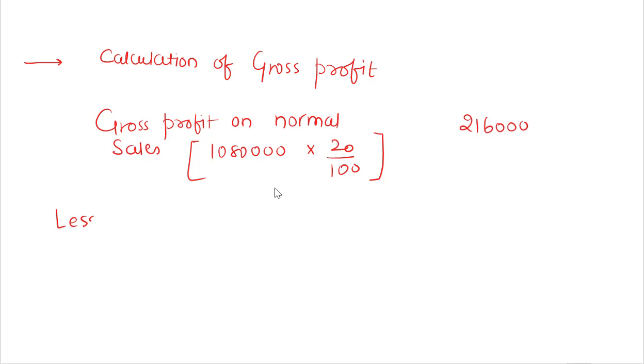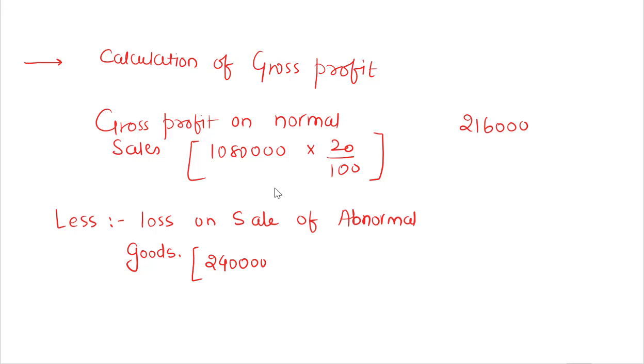2,16,000 less loss on sale of abnormal goods. The goods cost 2,40,000. We have sold for 1,20,000. So the loss is 1,20,000.